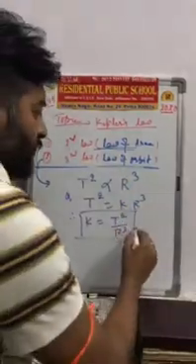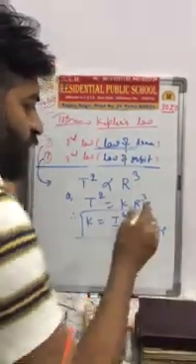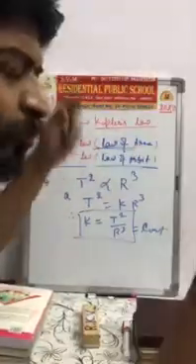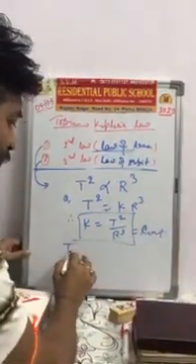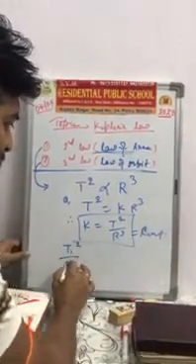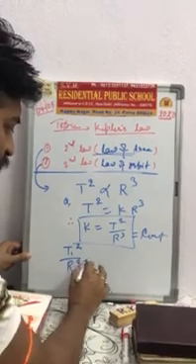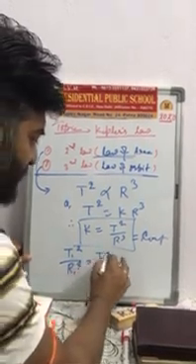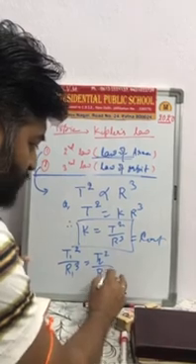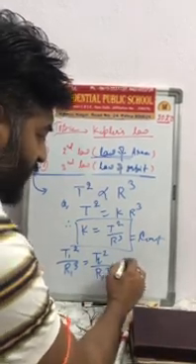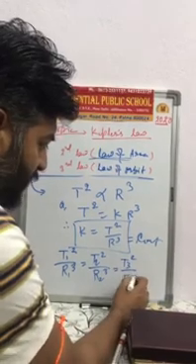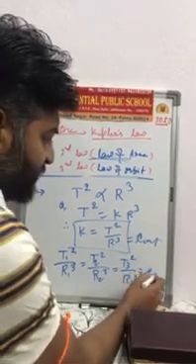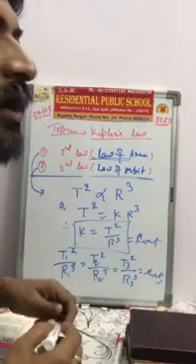So if we have two or more planets, then for the first planet R1 cubed, for the second planet R2 cubed, for the third planet R3 cubed, the ratio will have the same constant value.